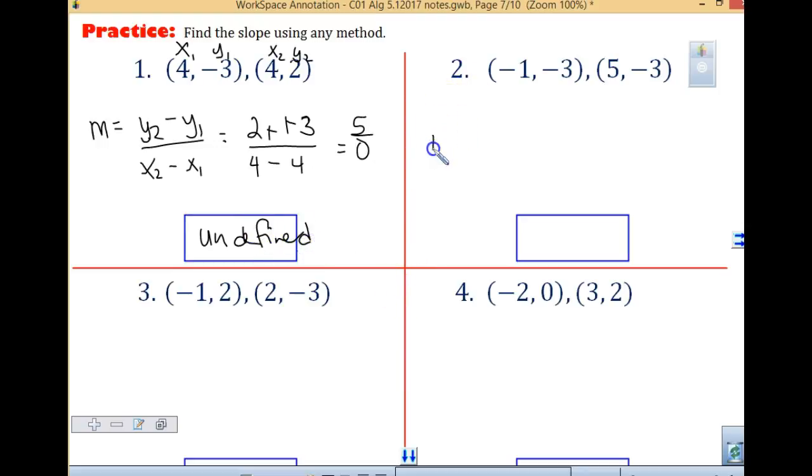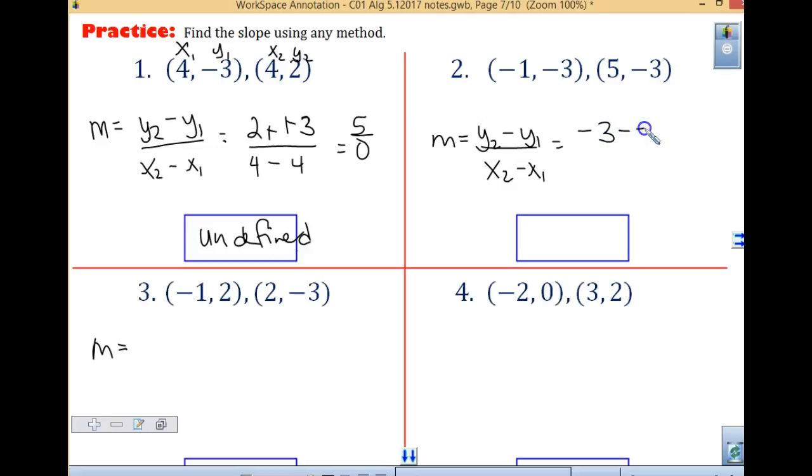So again, you're going to start that next one. M equals, start with y sub 2 minus y sub 1, x sub 2 minus x sub 1. As you look at the problem, -3 minus a -3. I might already be thinking, I know what the answer to this one is, right?